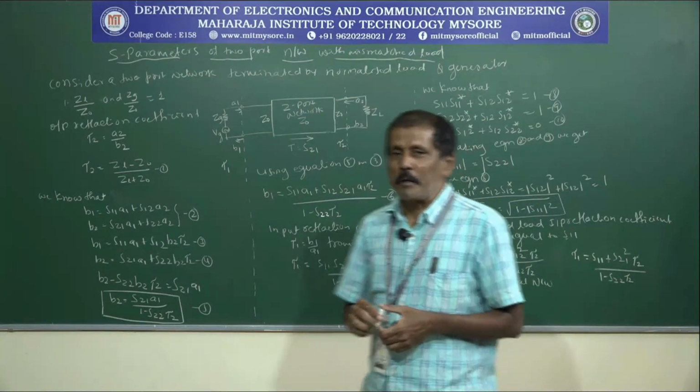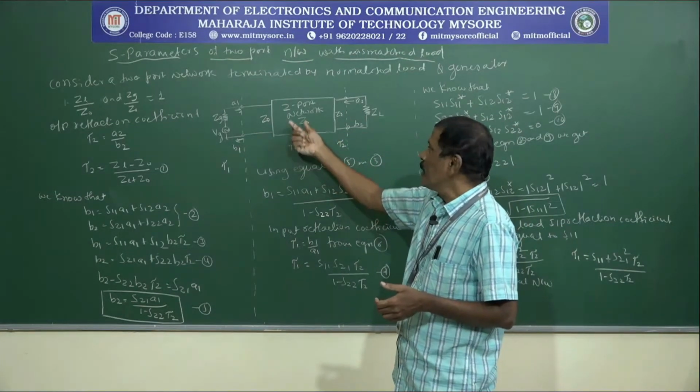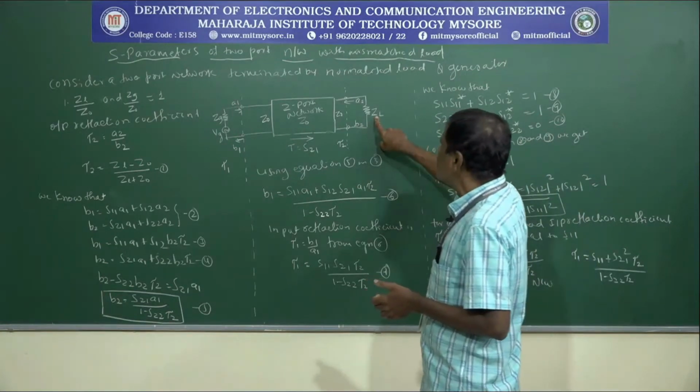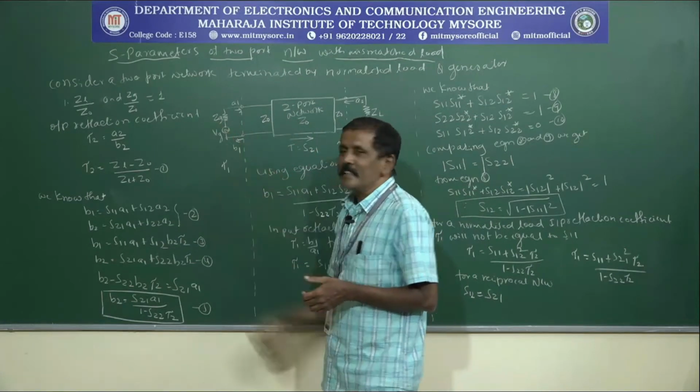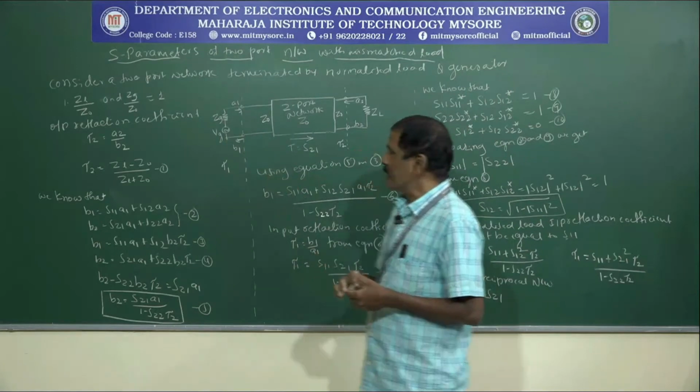For that purpose, let us consider this as a two-port network with characteristic impedance Z0, where the load impedance is taken as ZL, and on the input side ZG is the generator impedance and VG is the generator voltage.